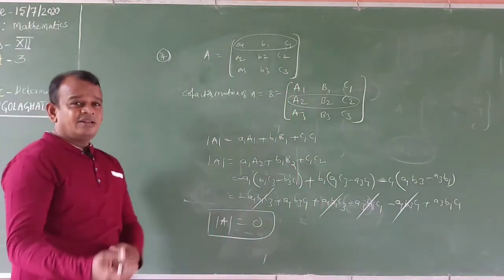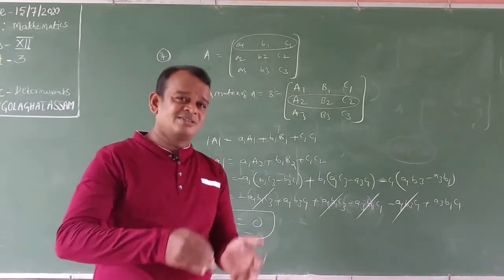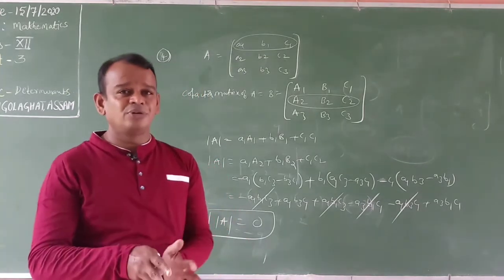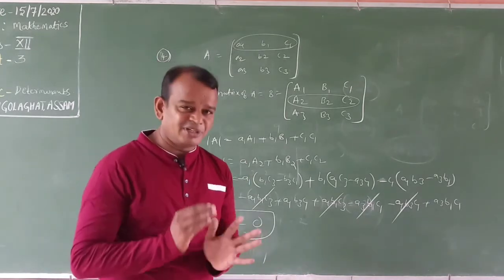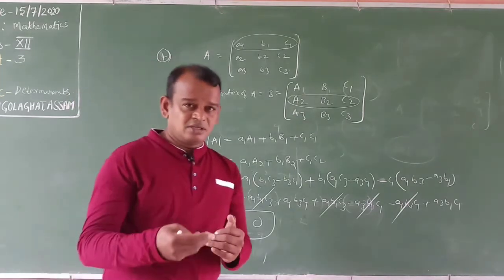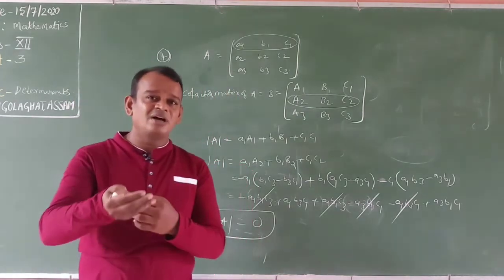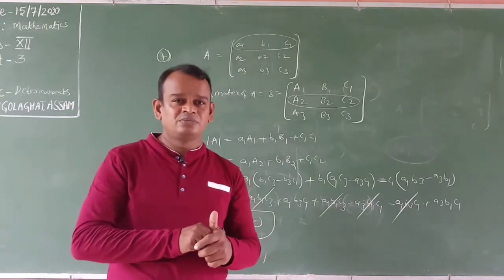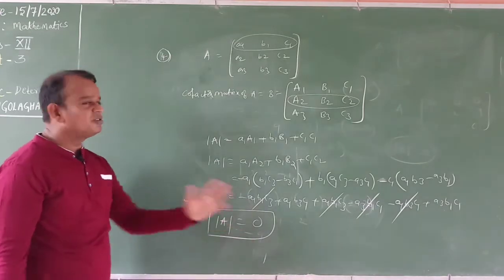You can take one row and find the cofactors of the same row, sum the products, and that is called the determinant, 100%, of the square matrix. But if we take any row with the cofactors of another row, and do the sum of products, the determinant must be equal to 0.